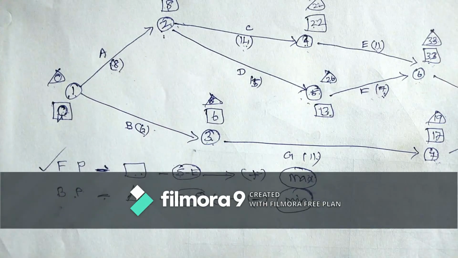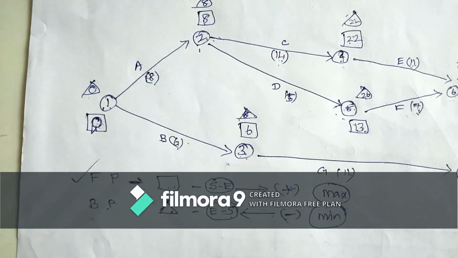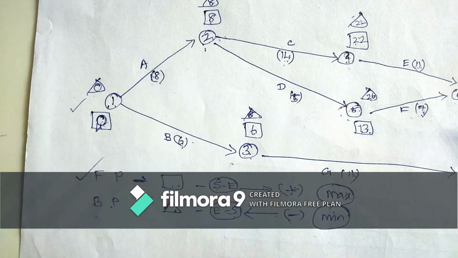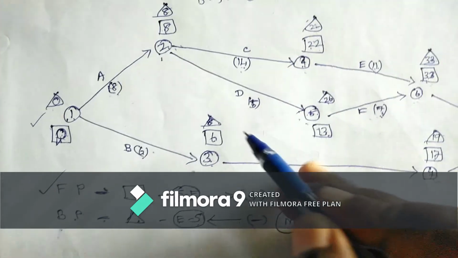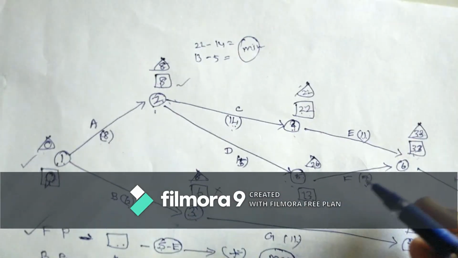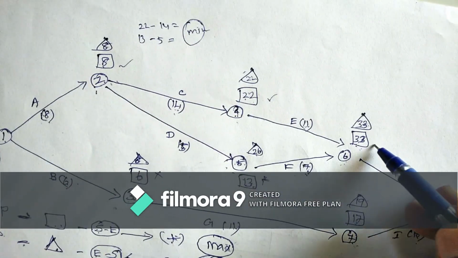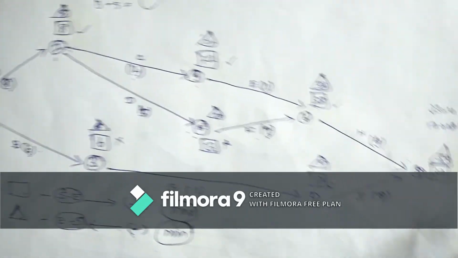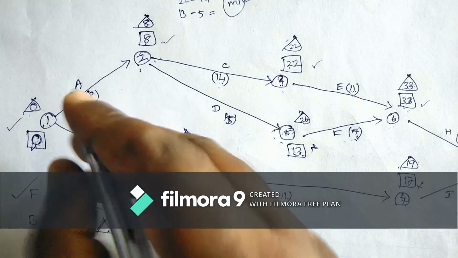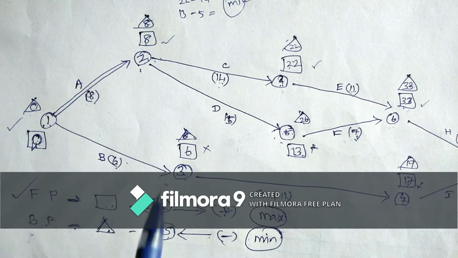So we found all the forward pass and backward pass values for each node. Now you check the forward and backward pass values. Here these two are equal. Here not equal, equal, not equal, equal, equal, not equal, and here equal. Now we can connect all the equal values.